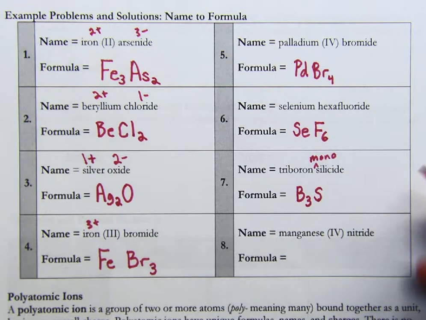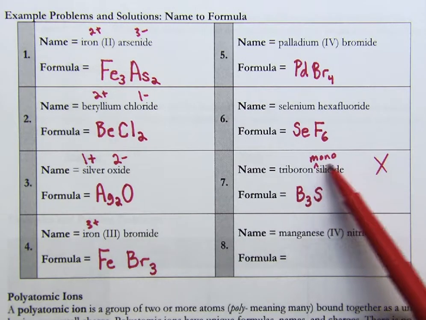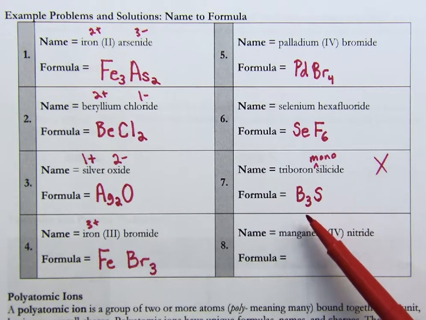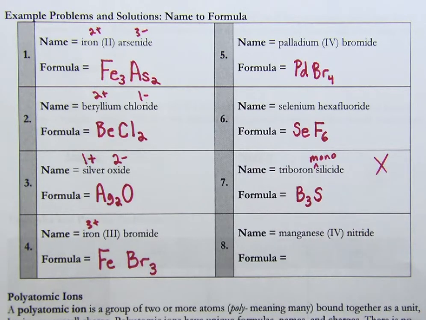Don't worry too much about this. I have to go back and correct that. I think I either left off mono or whatever the prefix was supposed to be, although boron tends to be a positive 3, and so I'm not really sure exactly what this compound is. It's just supposed to be an example. Anyhow, let's move on.